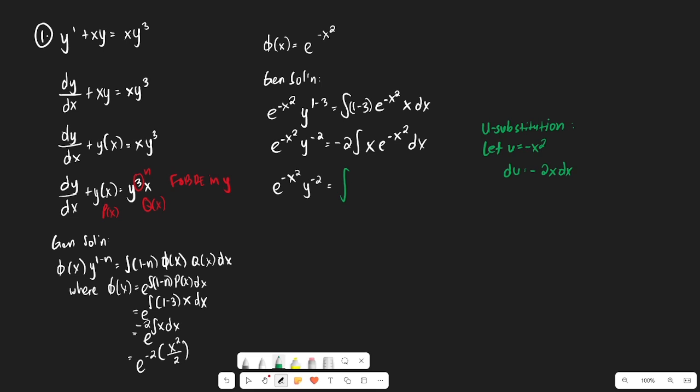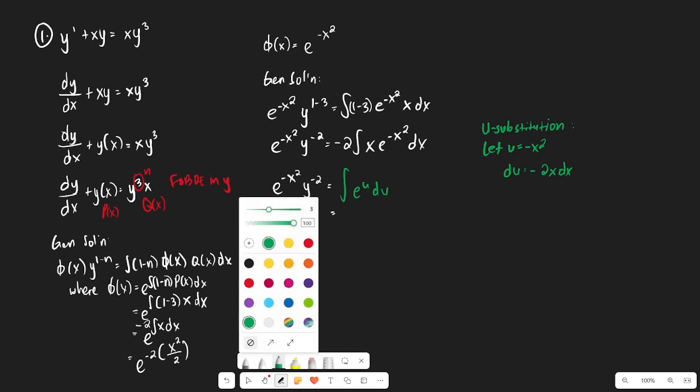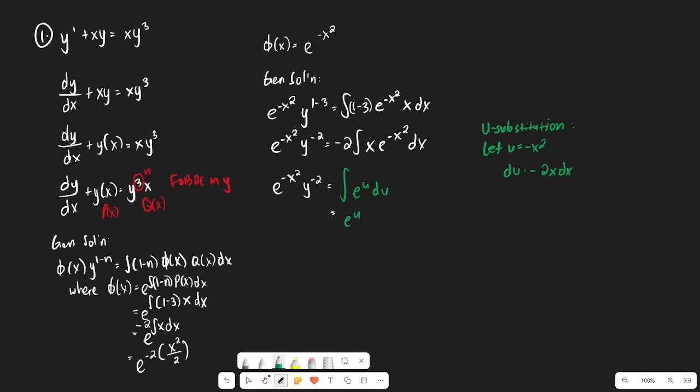So we're just going to have e raised to u du. Now, when we've integrated this, it is actually just equal to e raised to u plus c, where your e raised to u, you can write as e raised to negative x squared plus c.